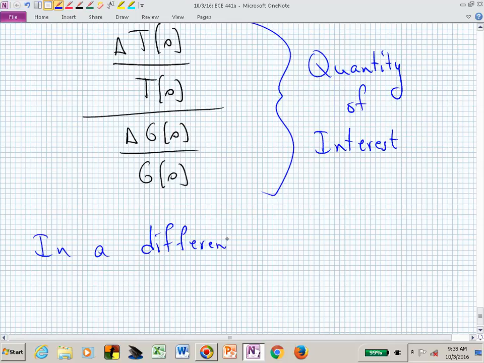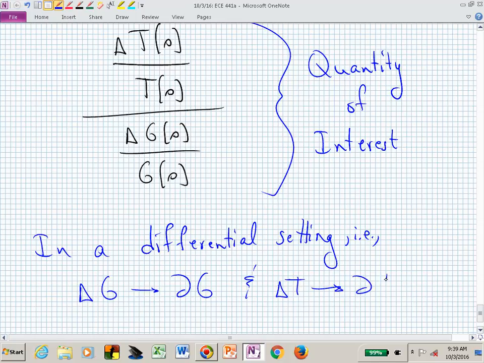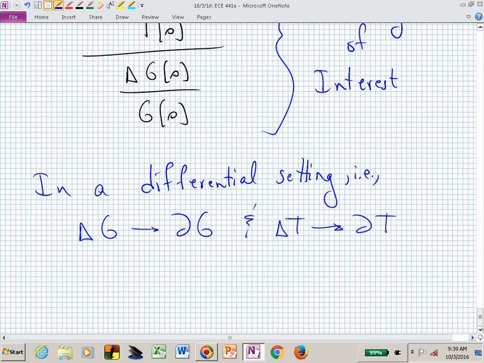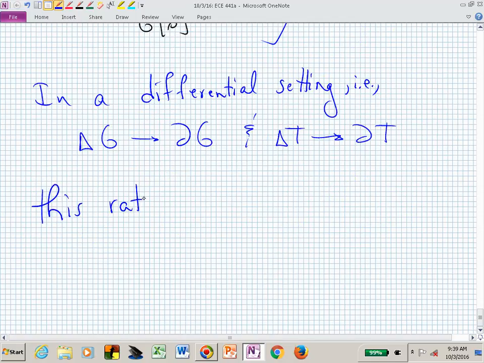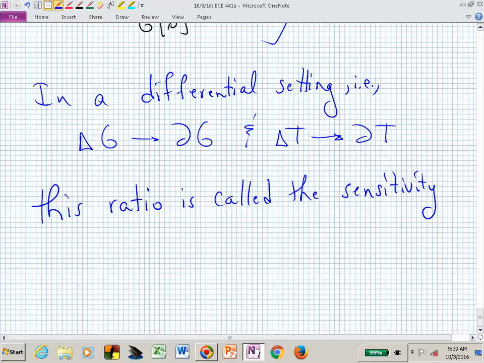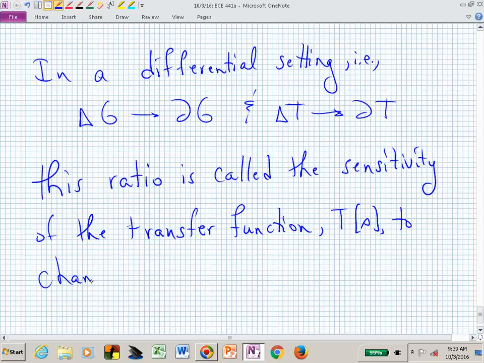In a differential setting, that is when delta G now is this partial of G and delta T is this partial of T, this quantity of interest or this ratio is now called the sensitivity function, or the sensitivity of the transfer function T of s to changes in the system or plant.